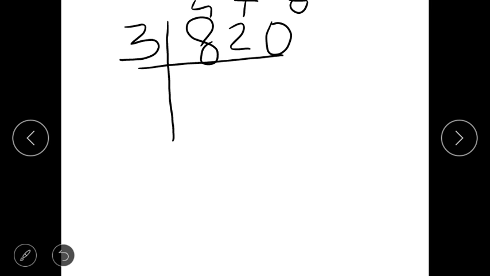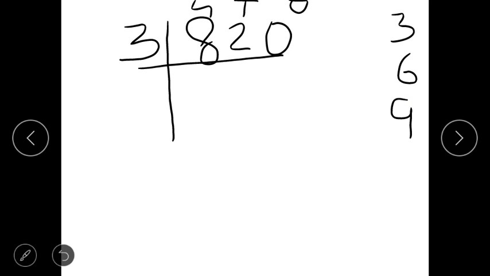So in division, we start from the hundred place. So you have to read the table of 3 till you get the number 8 or the nearest number to 8, but it should not be more than 8. So we'll write the table in our rough work. 3 ones are 3, 3 twos are 6, 3 threes are 9.